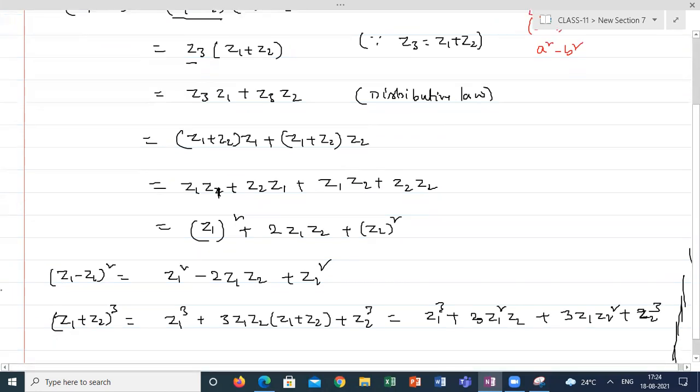If it is minus, alternately we'll get minus, and here also minus.